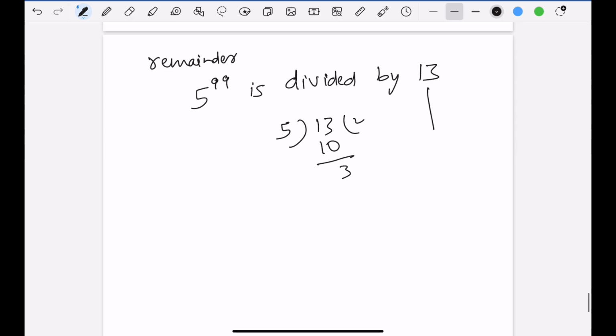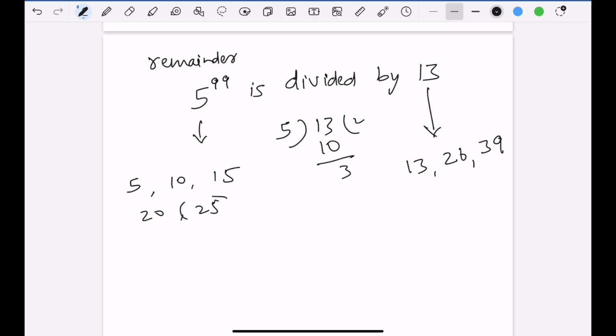So we try something. What are the multiples of 13? There is 13, 26, there is 39. What are the multiples of 5? We have 5, 10, 15, 20, 25.